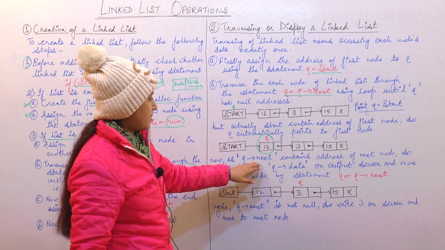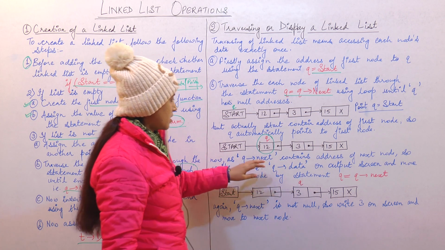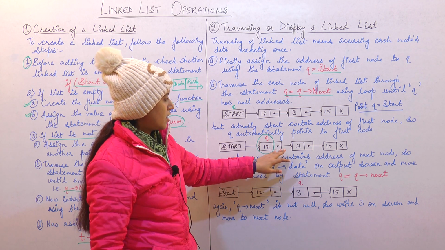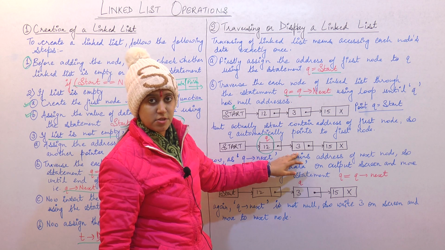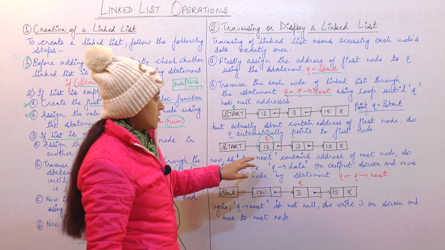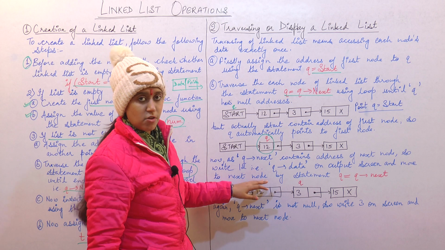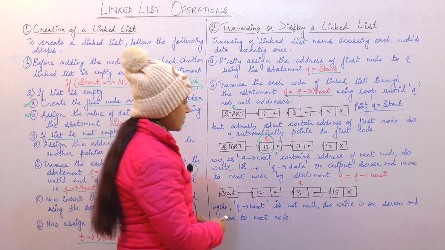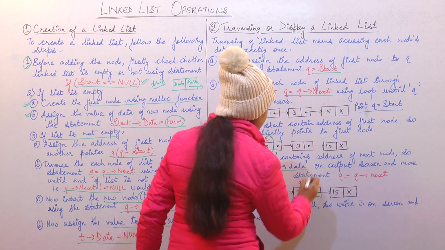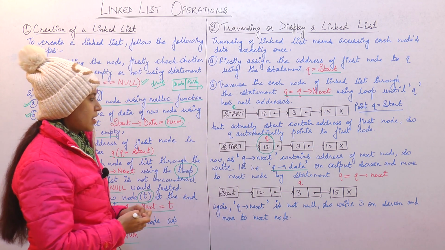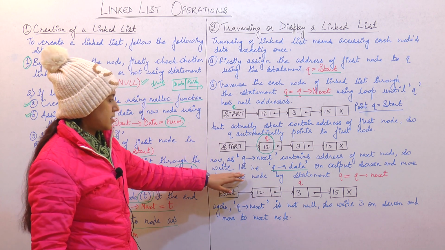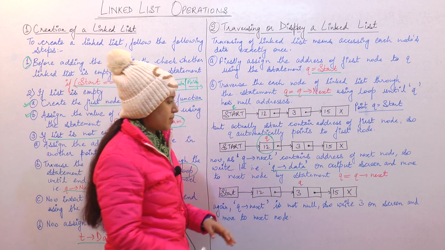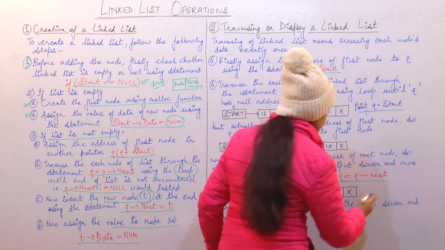Now Q->next contains the address of the next node. That means the pointer field of Q contains the address of the next node, so the next node is not null, and we move further. Our output screen will show the output 12 and we move to the next node by the statement Q = Q->next.